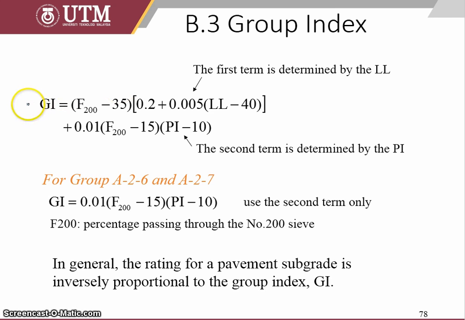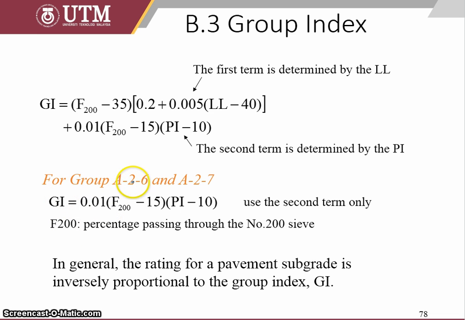This group index is introduced to help identify whether the soil is good for road foundation or road embankment or not. So we need to know the percent passing the number 200 sieve, and we need the liquid limit results and also the plasticity index results.